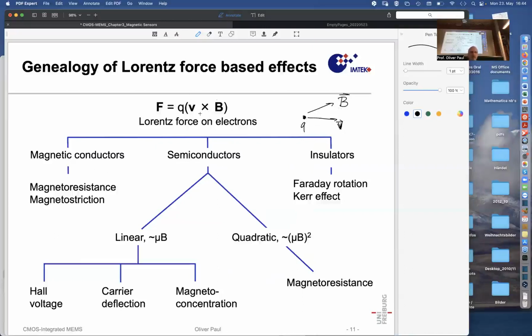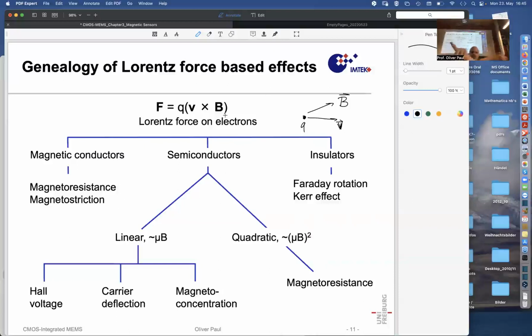It will be deflected, it will experience a force that is proportional to the velocity, proportional to B, and proportional to Q. But it depends on the relative direction of B and V. This cross product says that if V goes in the direction of B, nothing happens, because then the cross product is zero.